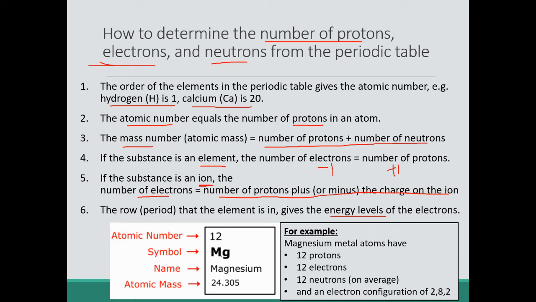So let's look at magnesium. It has an atomic number of 12, which means it's number 12 in the periodic table. It has a symbol. Remember, the symbol is always a capital letter and a lowercase letter, or just a capital letter. Its name is magnesium in this case, and it has an atomic mass or mass number of 24. If we round that, it's 24. That means it's got 12 protons, 12 neutrons and 12 electrons.